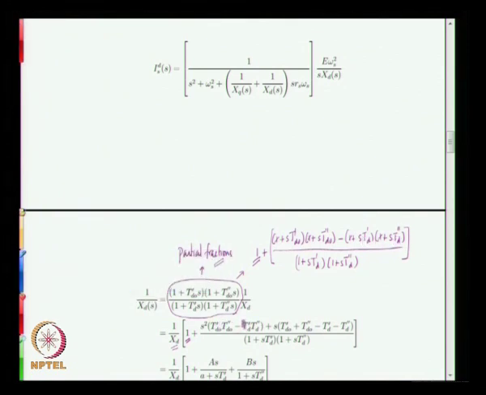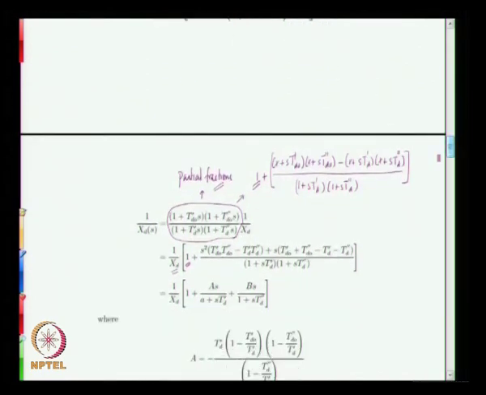So that is what you have here, and then you have the s terms. T'do will come due to a product of this, T''do will come due to a product of this. So those are the two terms here, and this comes with a minus sign. So the numerator when written in this form has s squared and s, and therefore one s can be taken out.